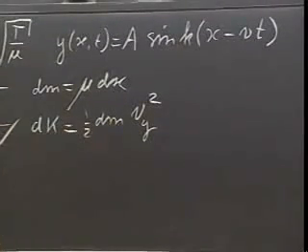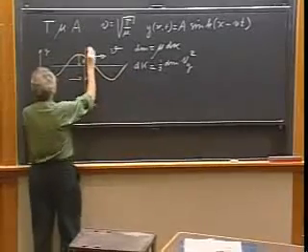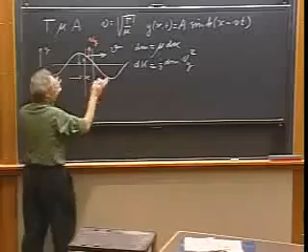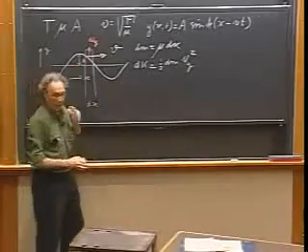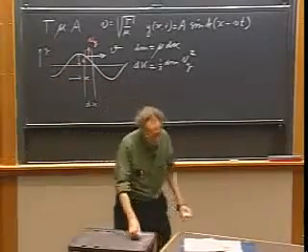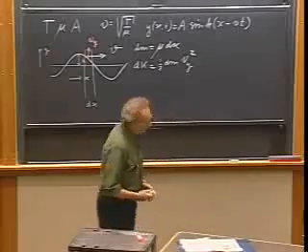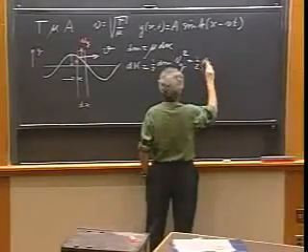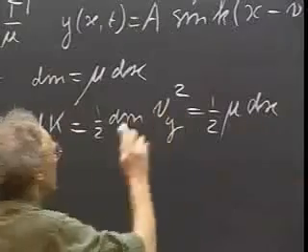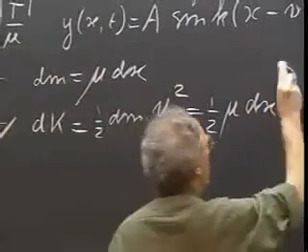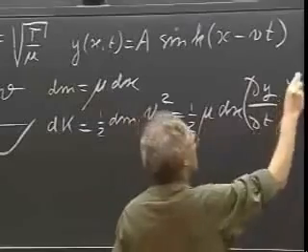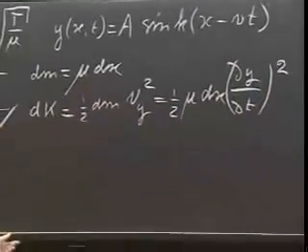If the wave is traveling in this direction, this material here is going up. A little later it will be more to the right, and so this is going up at this moment in time. So I can write for this 1/2 times mu times dx, and for vy I can write then dy/dt squared.